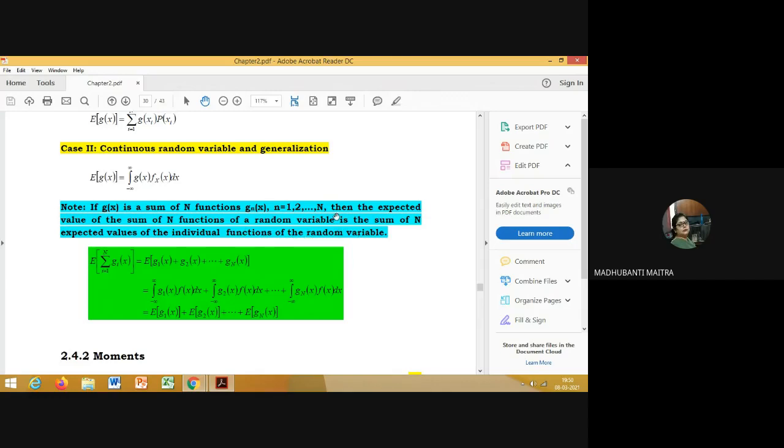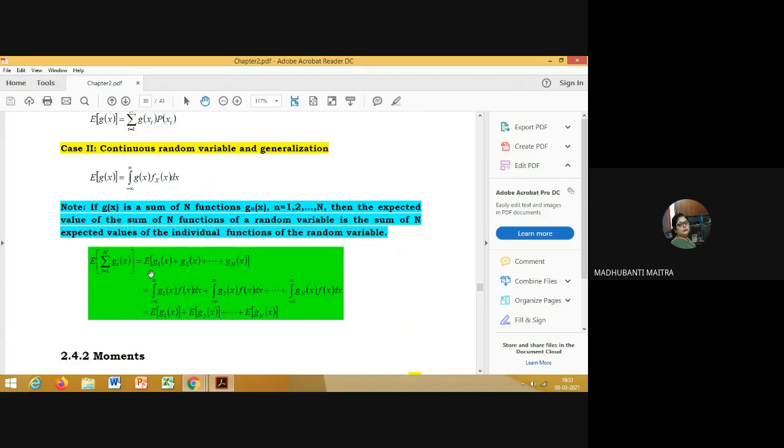I'll come to this point once again. Let's first see the derivation. So, the expected value of the sum of a few functions gi, where i is varying from 1 to n. We can expand this sum within this bracket. So if we remove the summation sign, within this bracket we'll get g1(x) plus g2(x) plus ... gn(x), right?